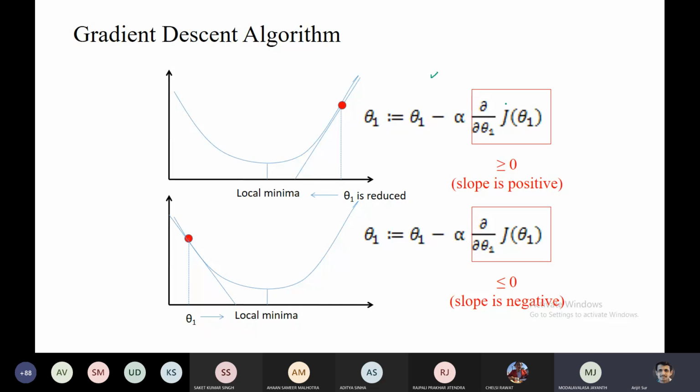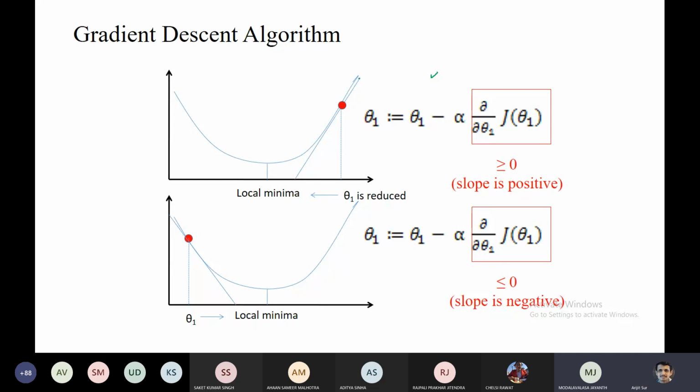What is this term? It is basically a slope because it's a derivative term. Now, if you are here because the value of theta 1 is here, what is the geometrical interpretation?